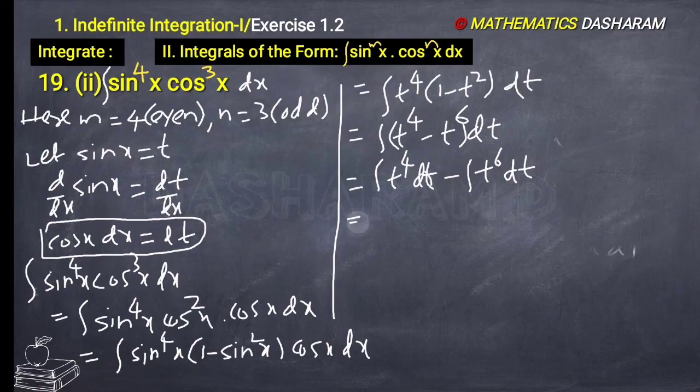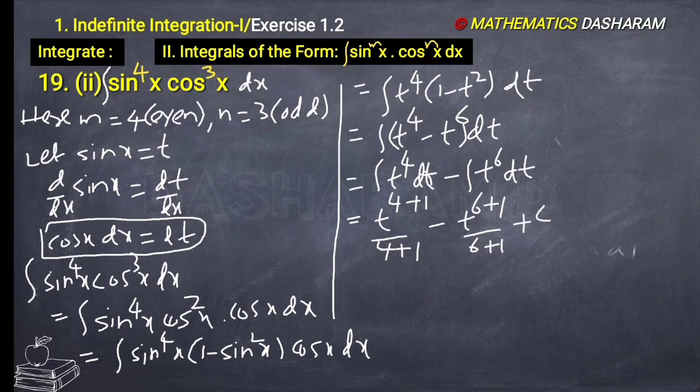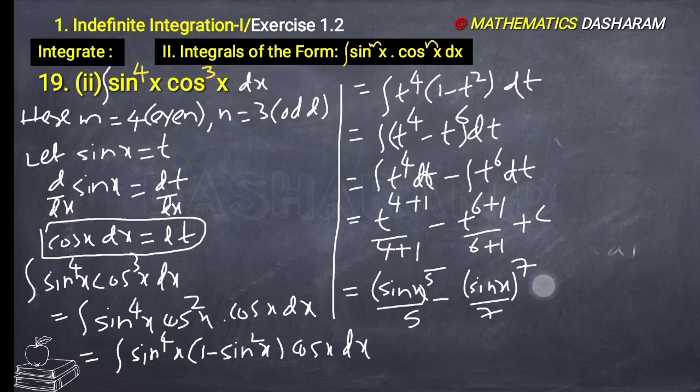As per the formula for integration of x to the power of n, here it is t to the power of 4 plus 1 divided by 4 plus 1, minus t to the power of 6 plus 1 by 6 plus 1, and add one constant. And here, t value is how much? Sin x. 4 plus 1 is 5, so 5 by 5, minus sin x, 6 plus 1 is 7, by 7, plus c.